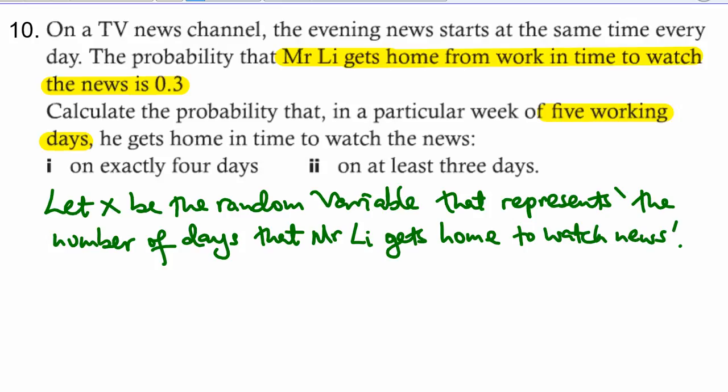Great. So once you have that, we can write our distribution. X follows a binomial distribution with parameters 5 and 0.3.